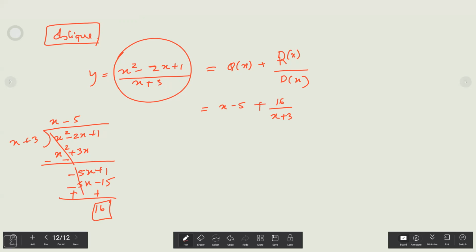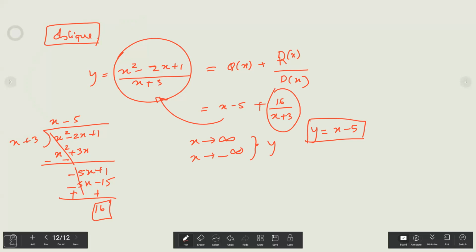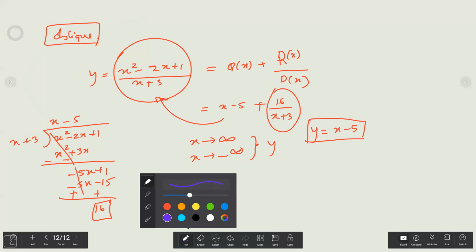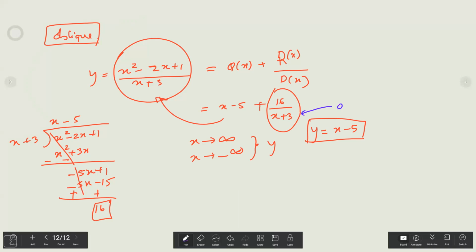So now, how do I find the oblique asymptote? Ideally, when you are finding the asymptote as x tends to infinity or x tends to minus infinity, whatever your y approaches, that's your horizontal or oblique asymptote. So you get y equals x minus 5 as the oblique asymptote, because when x tends to infinity, the remainder part tends to 0.